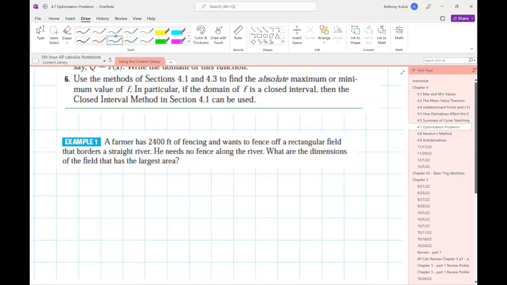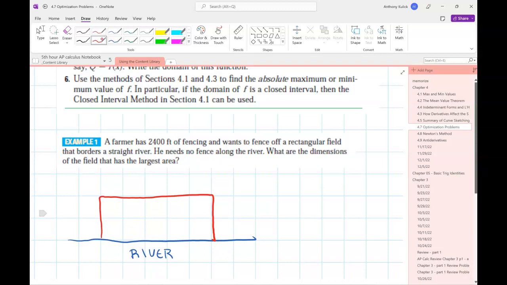So I'm going to start by drawing a picture. So there's my river. There's my fence. Everybody's cool with that?